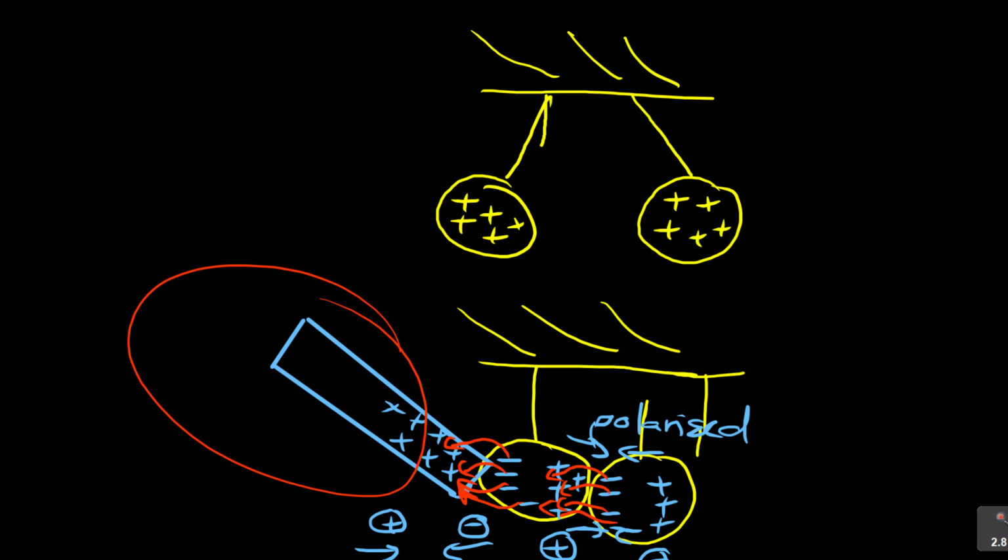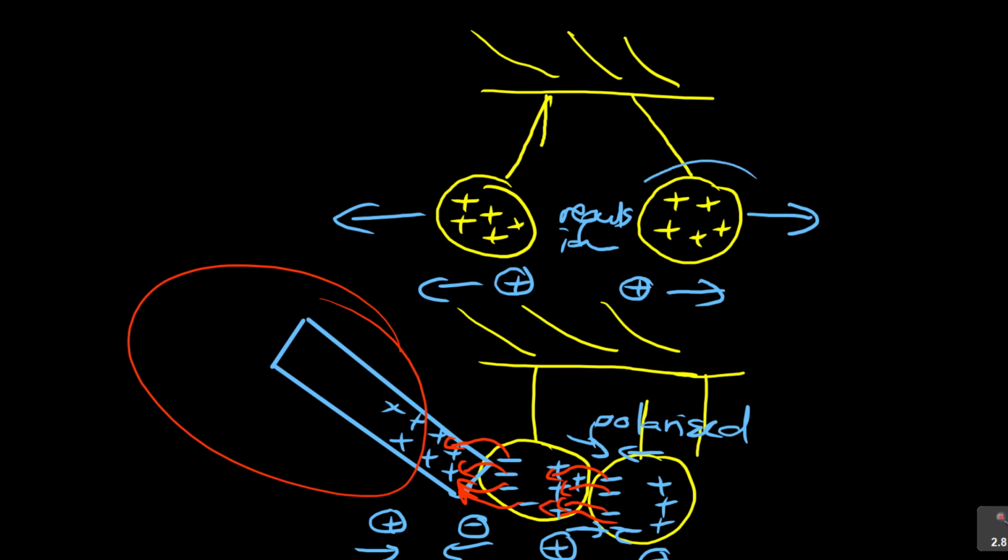Now, because they are left with a positive charge, remember, same charges, positive and positive, they what? They repel. That's why you see that this one is now moving that direction, this one is moving that direction. There is a repulsion now.